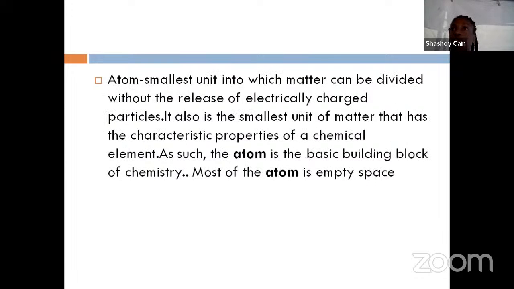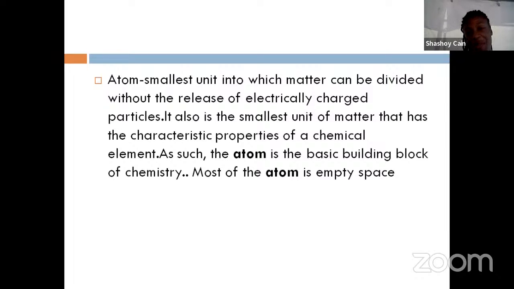Then we have atoms. An atom is the smallest unit into which matter can be divided without the release of electrically charged particles. It is also the smallest unit of matter that has the characteristic properties of a chemical element.